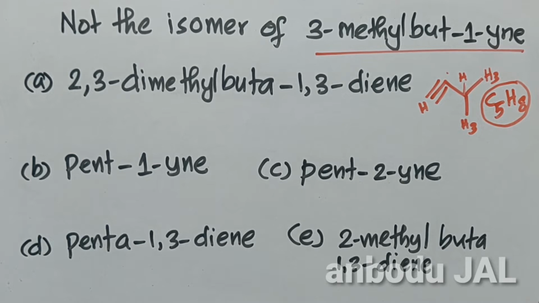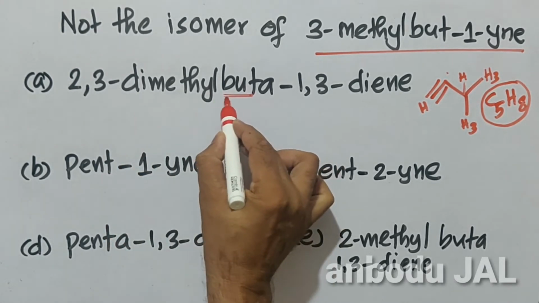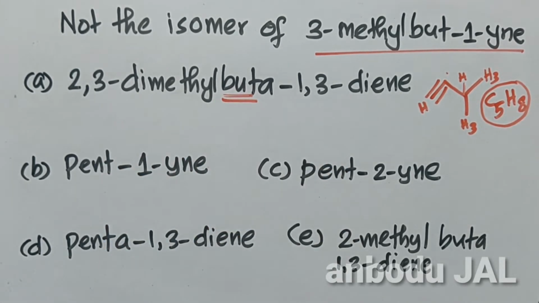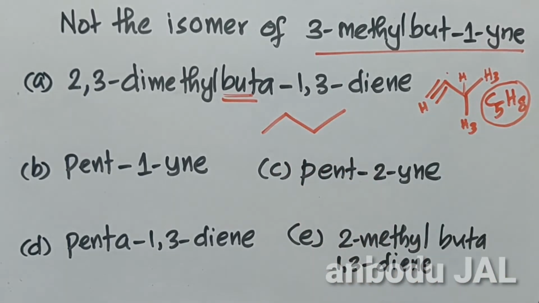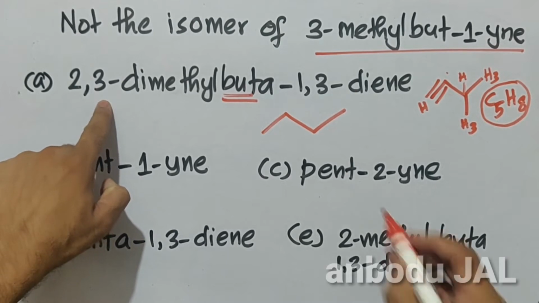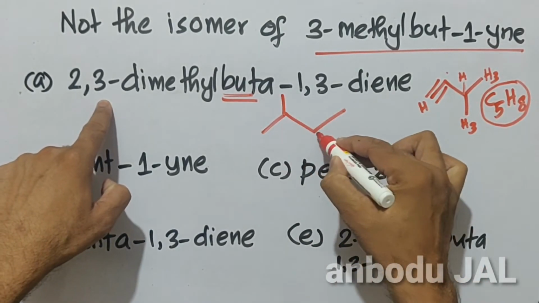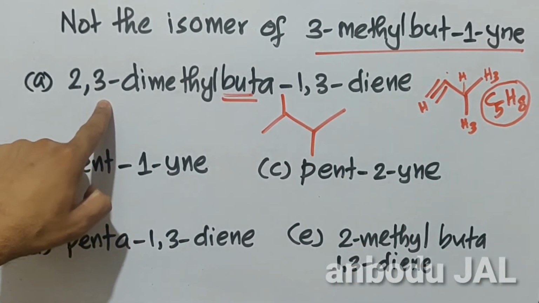Isomers have the same molecular formula but different structural formulae. We can examine the formula of this compound, 2,3-dimethylbuta-1,3-diene. Here the root word is but. 2,3-dimethyl, that is, here one methyl group, here also one methyl group.